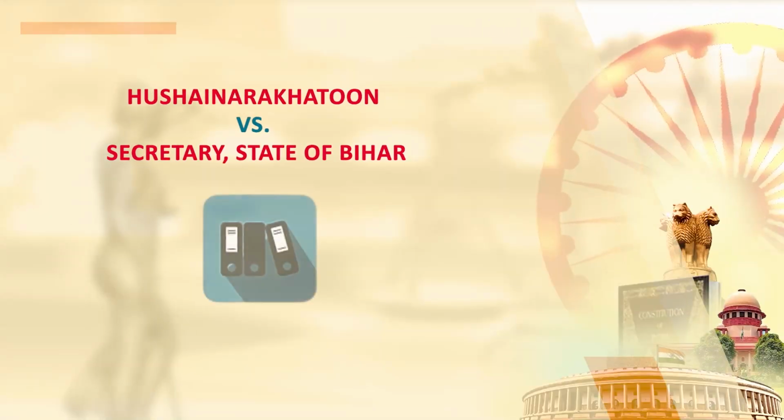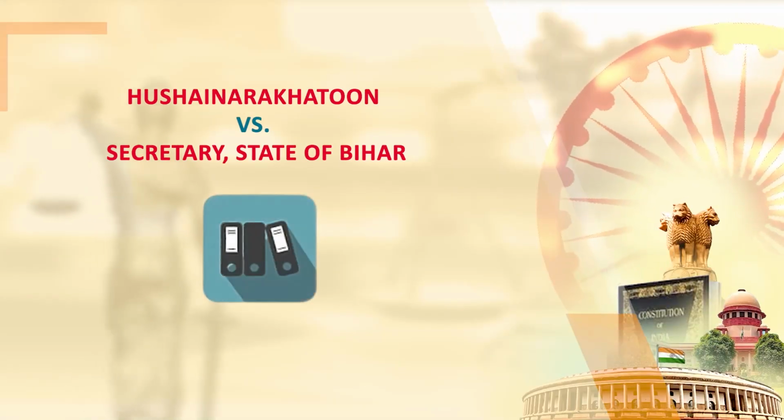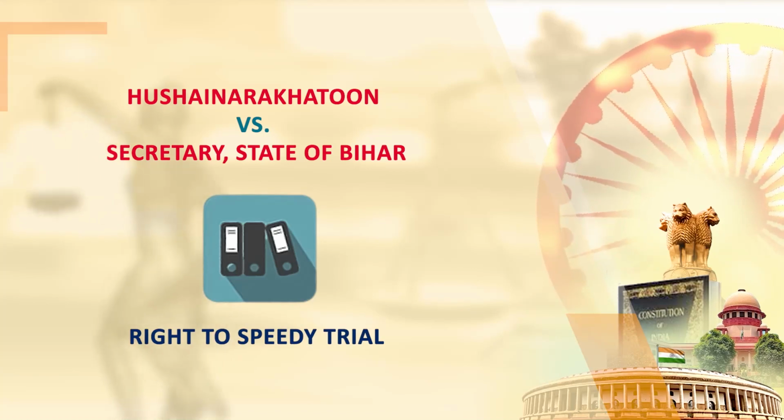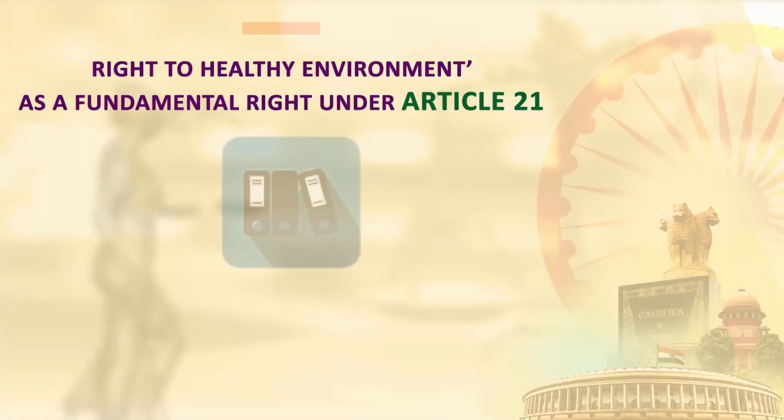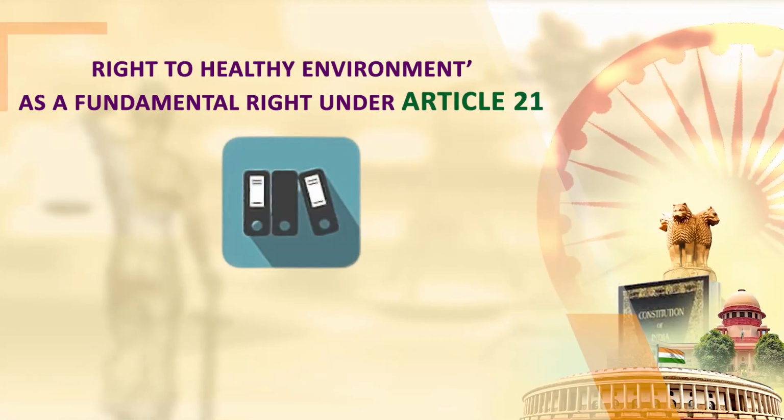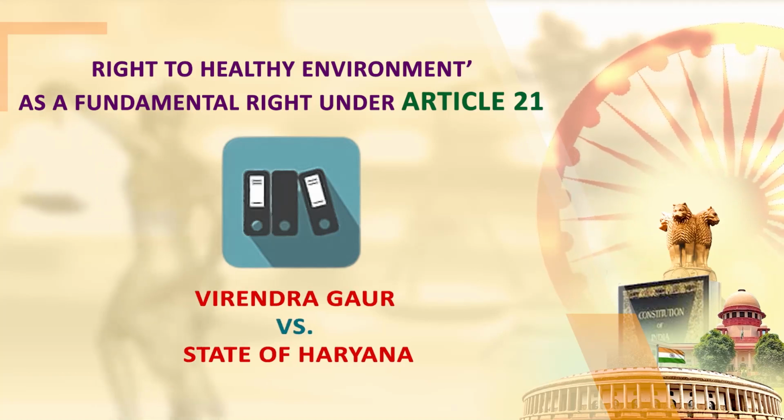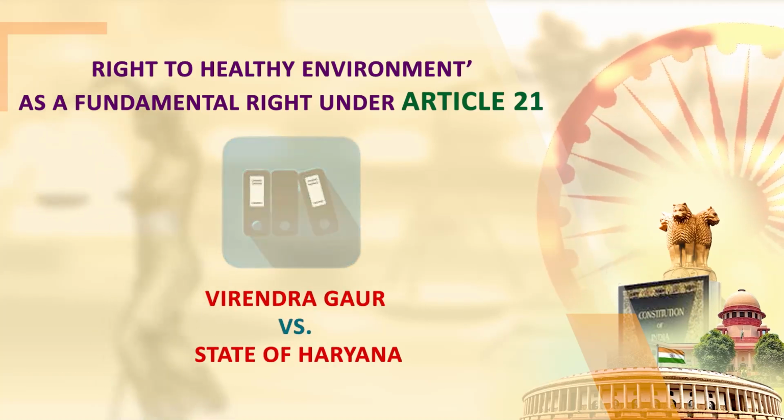Then in Hussainara Khatoon versus Secretary, State of Bihar, we have speedy trial as a fundamental right under Article 21 of the Constitution of India. We have a healthy environment as a fundamental right under Article 21 in Virender Gaur versus State of Haryana.